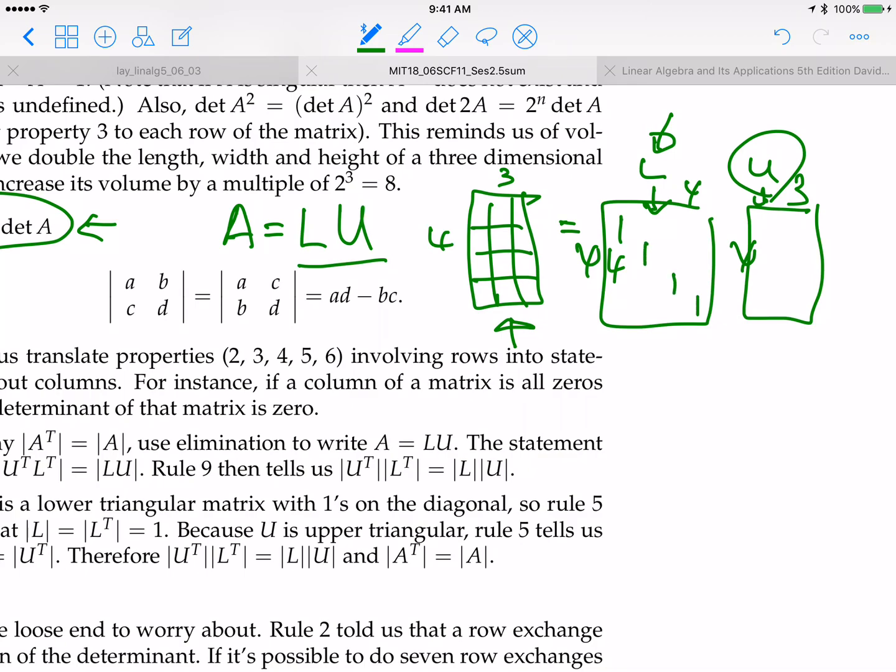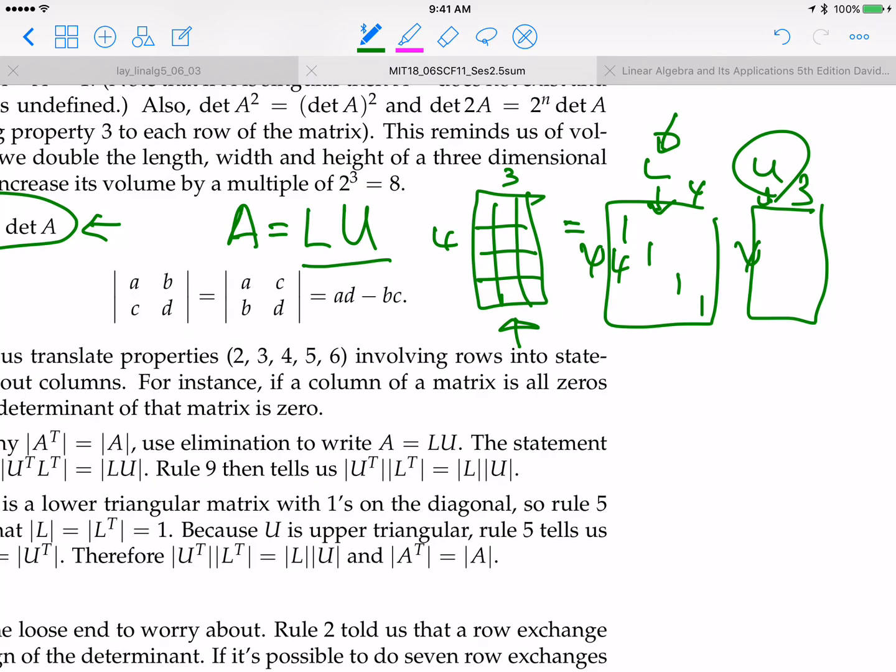In the case of a 4 by 4 matrix, because we talk about the square matrix in order to discuss its determinant, both L and U will have the same size of 4 by 4. L is a lower triangular matrix, and the diagonal entries are all ones.